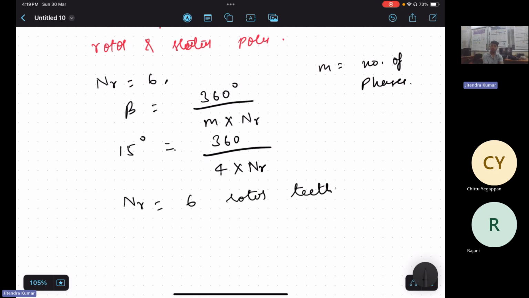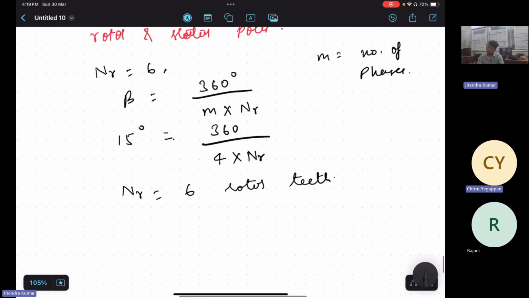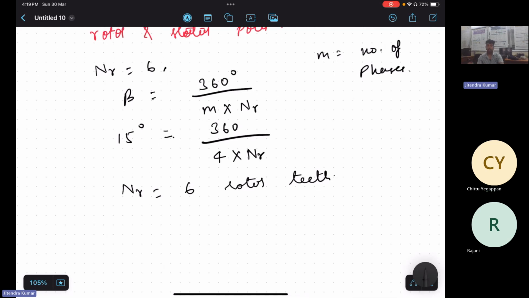Now, how much should be the stator teeth? NR minus NS divided by NR into NS into 360 is equal to how much? 15 degrees, sir. Sir, 8, sir.